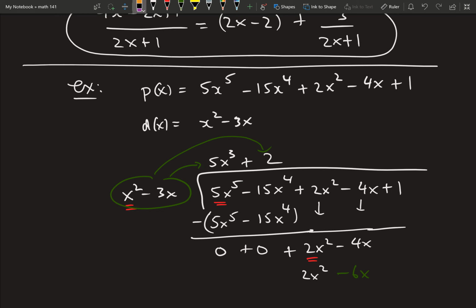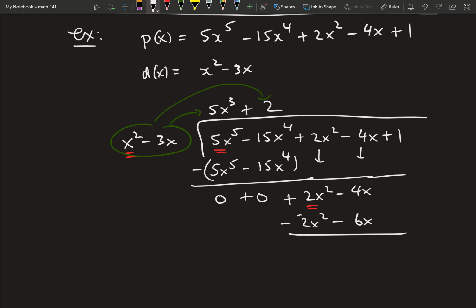Oops, let me switch back to color. Minus 6x. And then we subtract these. The 2x squared minus the 2x squared goes to 0. Negative 4x plus 6x gives me plus 2x. And there was this 1 that was sort of hanging out, which I can drop down all the way here.